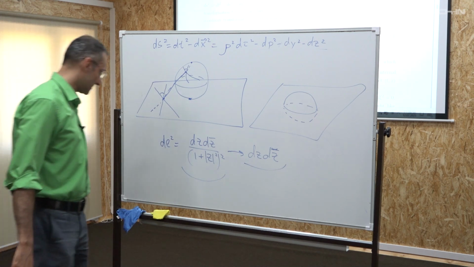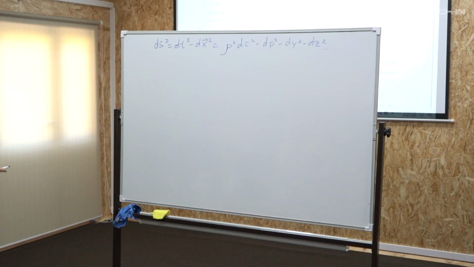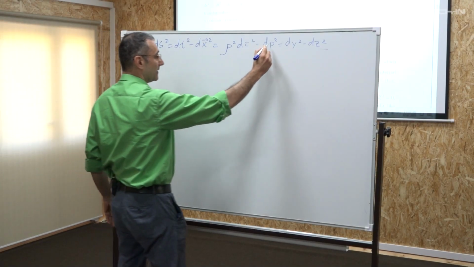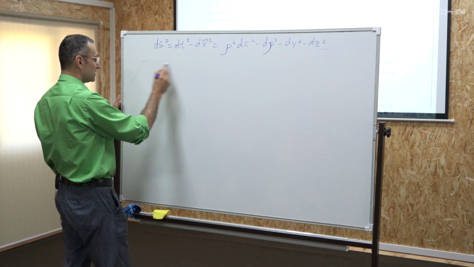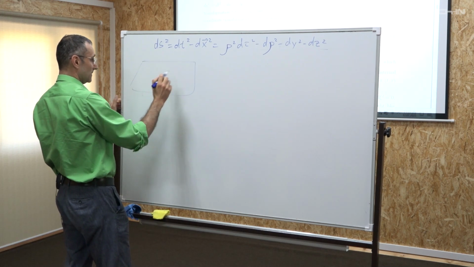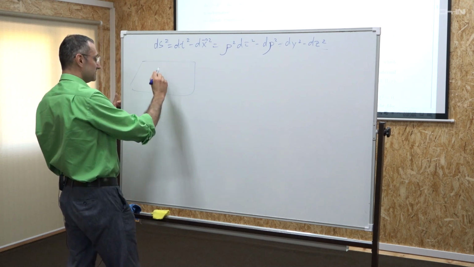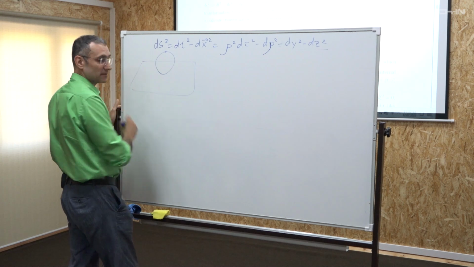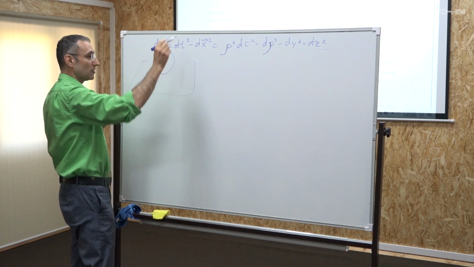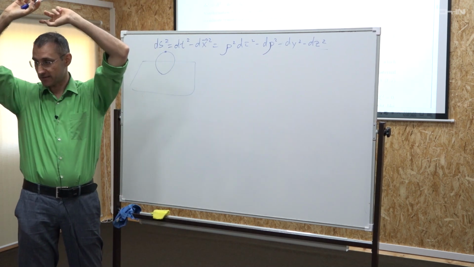And one last thing I wanted to stress, that the infinity of the plane is mapped to a single point. So the pole corresponds to any point at infinity.